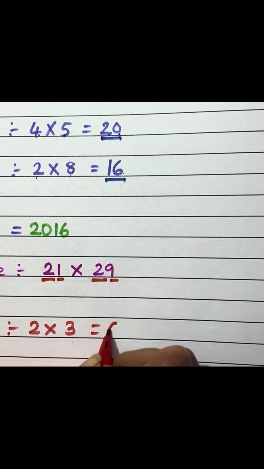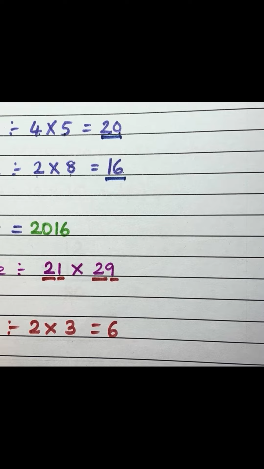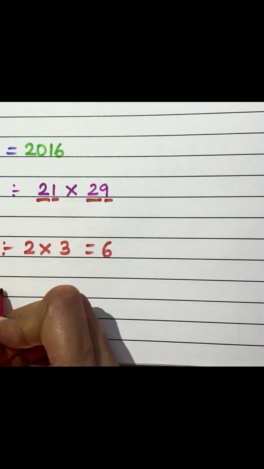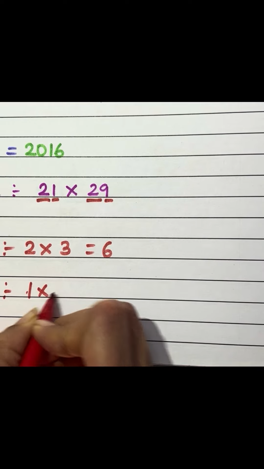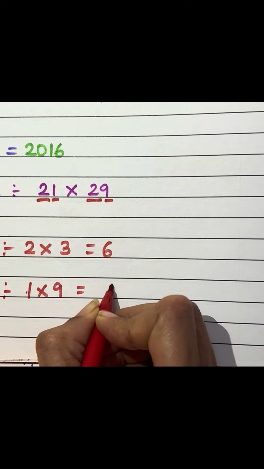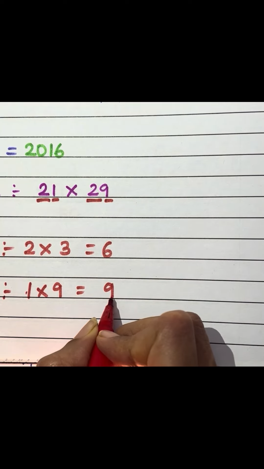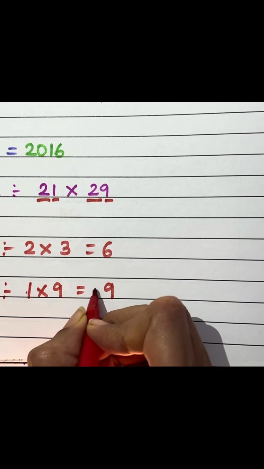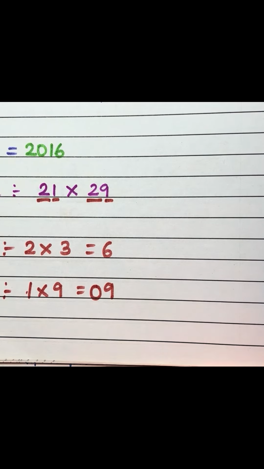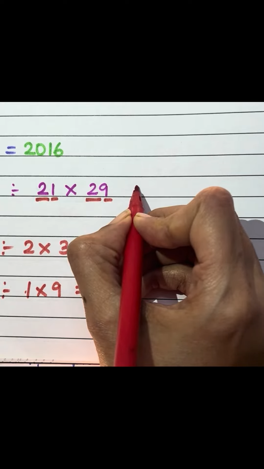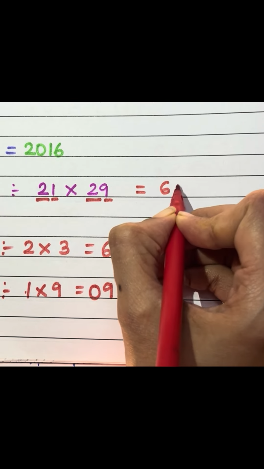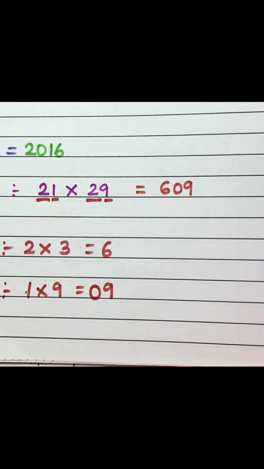So 3 twos are 6. And step number 2, 1 multiplied by 9 is equal to 9. Now 9 is a single-digit number, so we are going to put 09. So your final answer for this is 609.